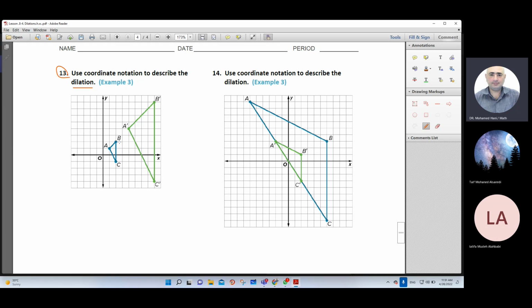As you see here, if I choose BC, count: we have 1, 2, 3. So the length here is 3. And the corresponding side has 1, 2, 3, 4, 5, 6, 7, 8, 9, 10, 11, 12.